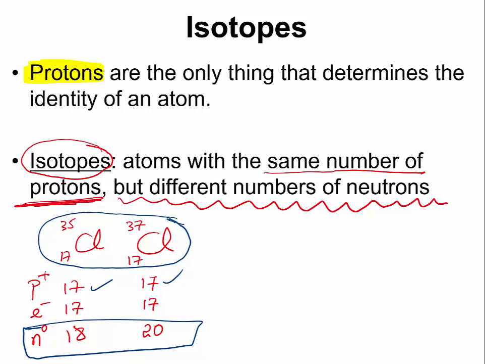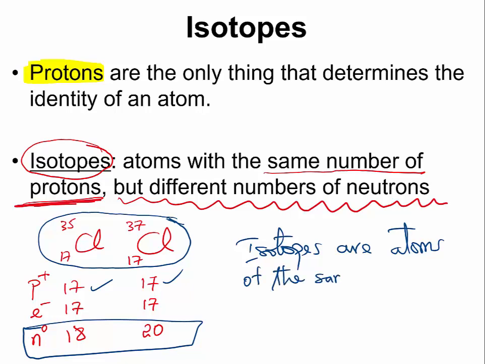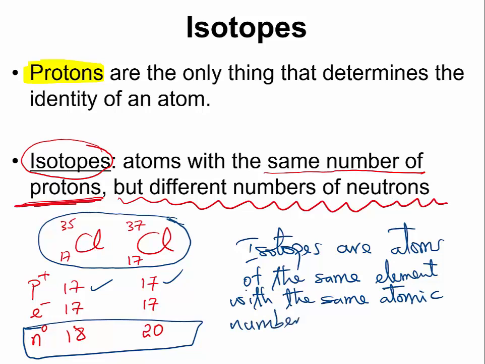We can also define isotopes as atoms of the same element with the same atomic number but different mass numbers.